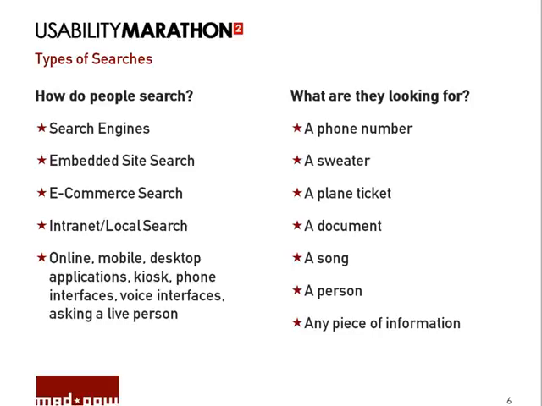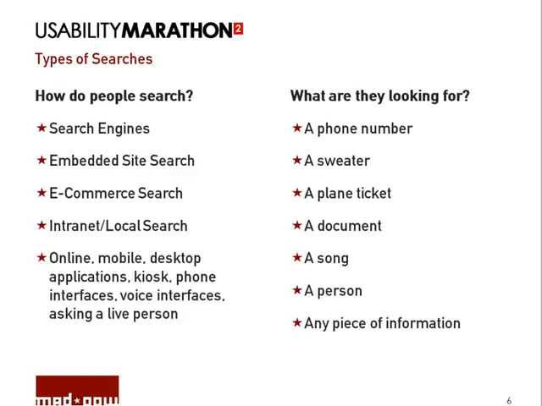There are e-commerce searches that help you buy a sweater, buy plane tickets, buy pretty much anything. And there are also intranet or local searches at your company. You can search on your intranet for private documents inside the firewall, or on your own system you can search for your files.